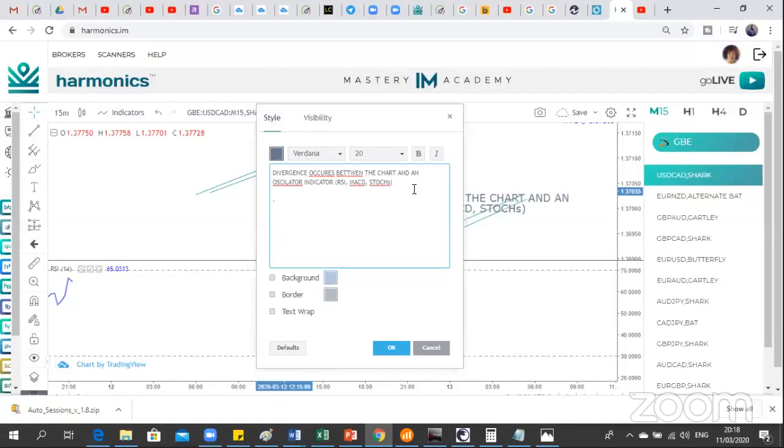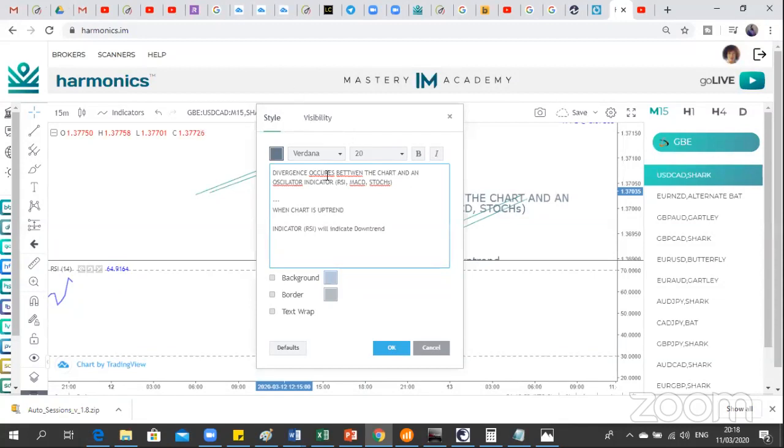So what does that mean? When the market, which is the chart, is on an uptrend, the indicator, which could be RSI, will indicate a downtrend.